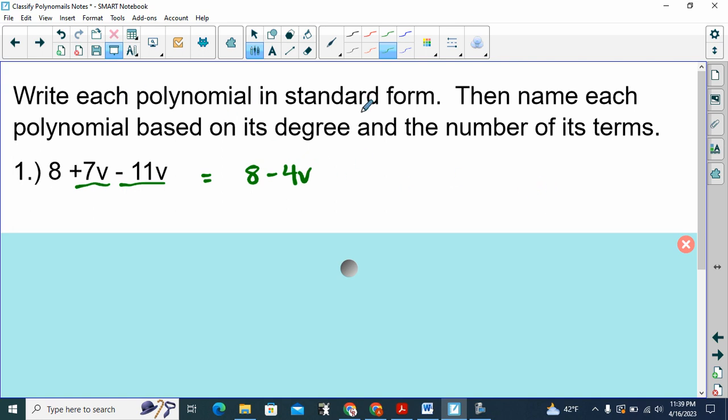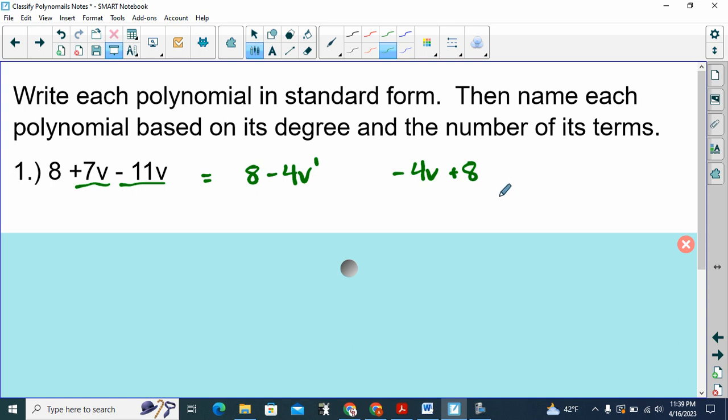We need to make sure we are in standard form. Standard form, we start with the biggest exponent, which is understood to be a 1 there. So I should write the negative 4v first. And then this term has a degree of 0. So I write my plus 8.